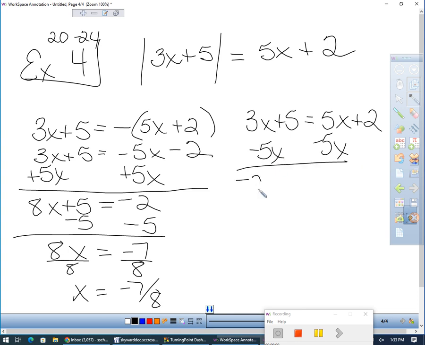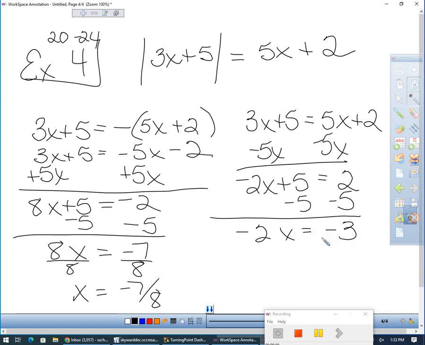We have negative 2x plus 5 equals 2. Then we're going to subtract 5 from both sides. Negative 2x equals negative 3. Then we're going to divide both sides by negative 2. We get x equals 3 over 2.